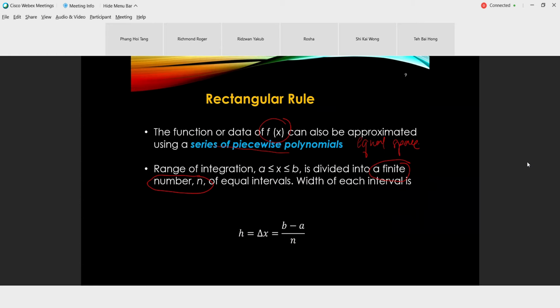The width of each interval we can calculate as h equal to delta x is equal to b, the upper boundary, minus a, the lower boundary, divided by n, the number of equal spaces.